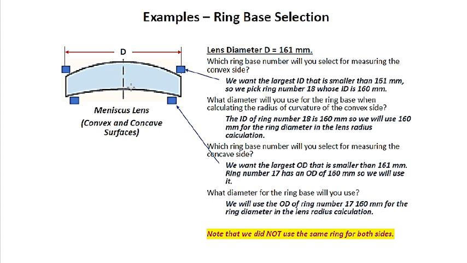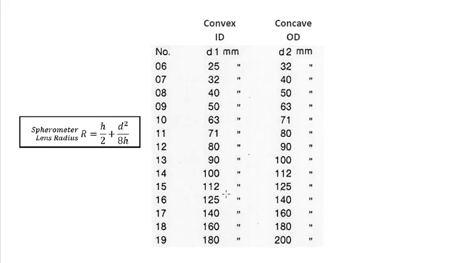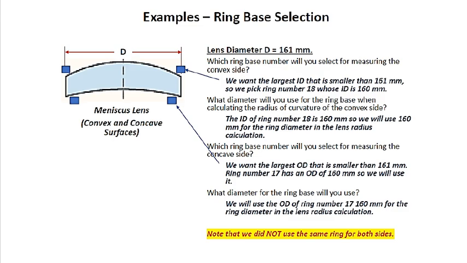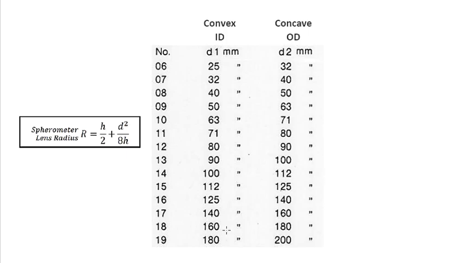So you have two different surfaces in your irregular lens right here, yeah. So the very first surface is convex, so therefore we're going to look at the convex column right here, yeah. And then you have 161, so therefore the base has got to be less than 161, so we have an 18 for the convex, yeah. For the concave lens you have a 17, okay.